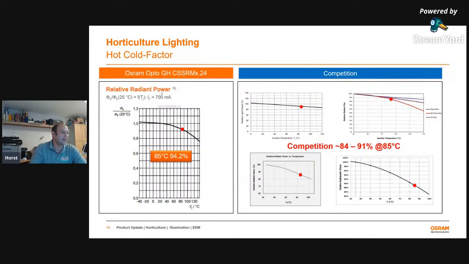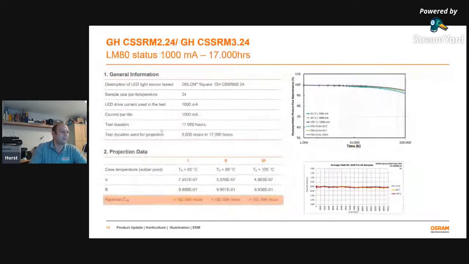In our case, if you heat up the LED to around 85, 90 degrees, then we still have 94% of the initial flux value. Some other manufacturers reach something close, or some even lower. And this is technology-wise, like I mentioned, maybe the aluminum nitride, for example, with a good thermal behavior. And do not forget the die, the chip inside of the LED.